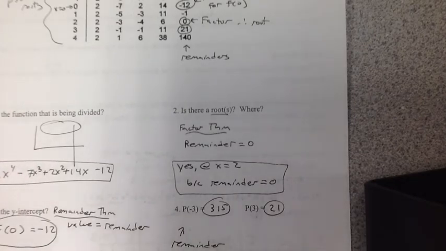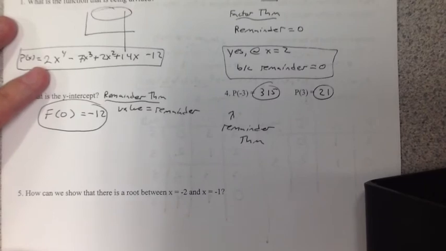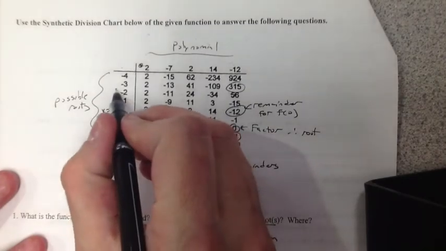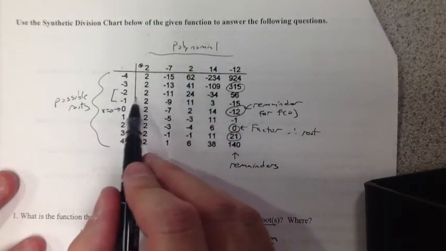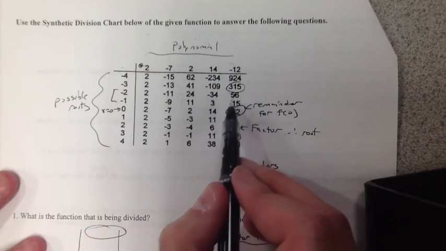Now the next question, number 5, is going to lead us into what we're going to talk about next. How can we show that there is a root between x equals negative 2 and x equals negative 1? So take a look at the graph. Look at their values.